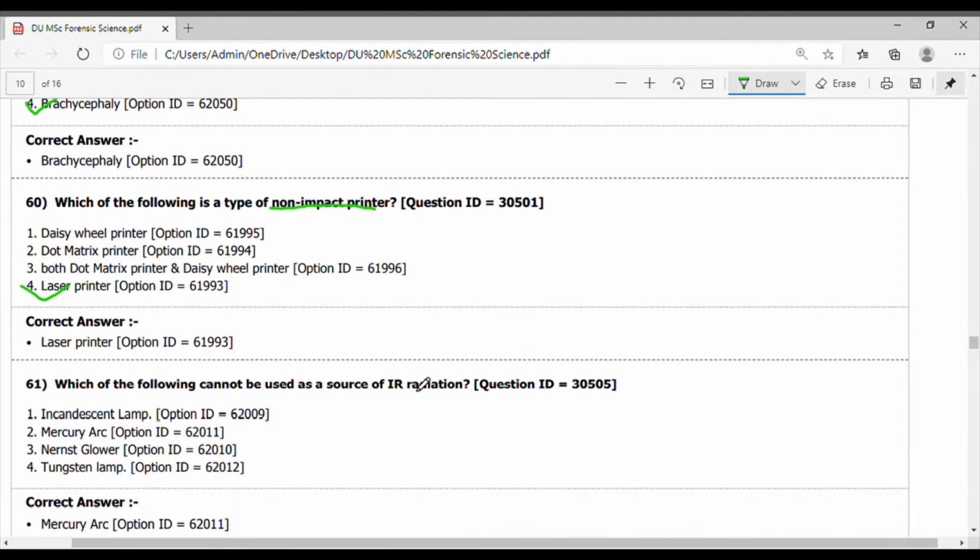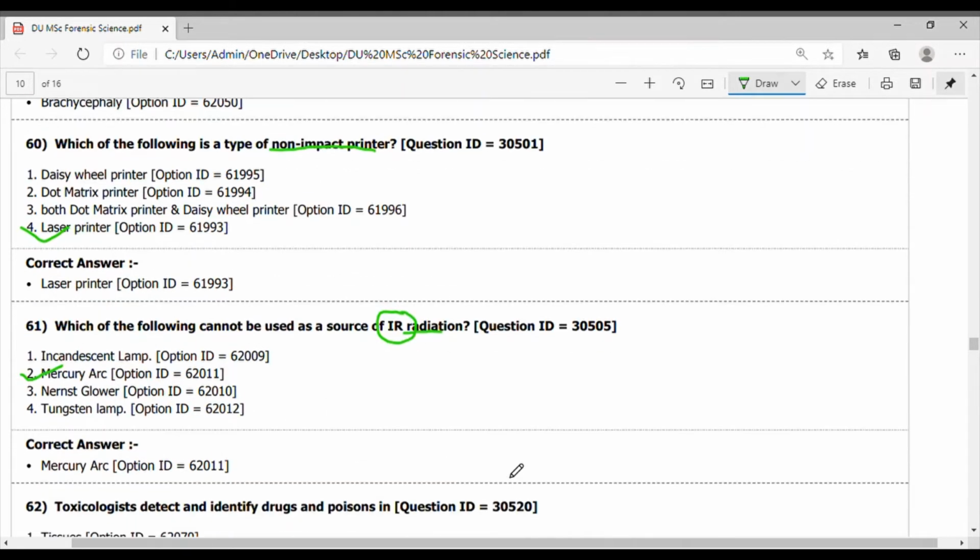Next question 61, which of the following cannot be used as a source of IR radiation? The mercury arc cannot be used as an IR source, whereas tungsten lamp, Nernst glower and the globar lamp can be used as an IR source.